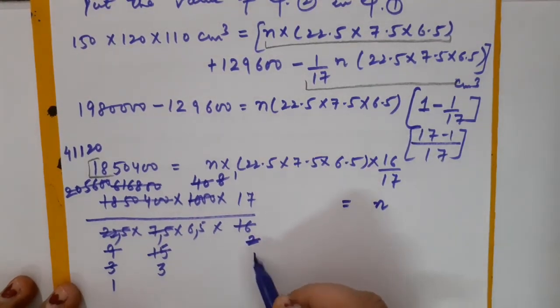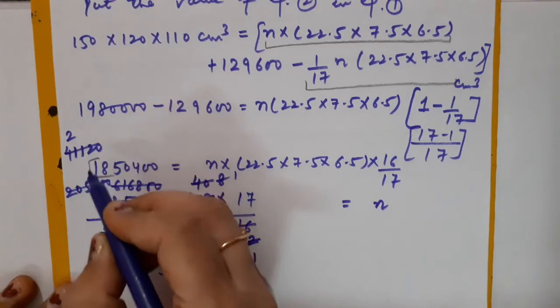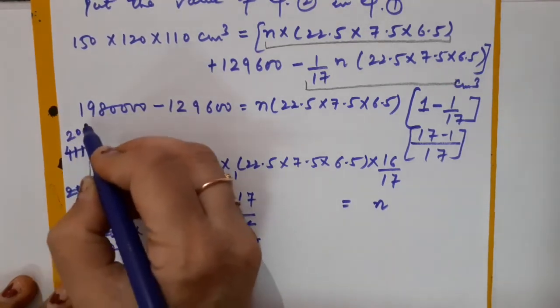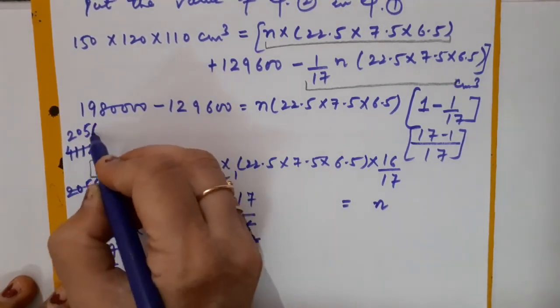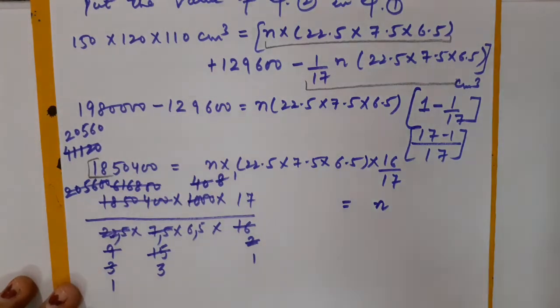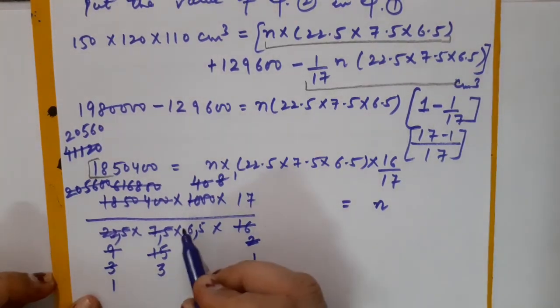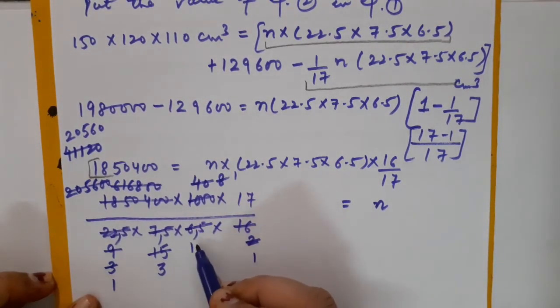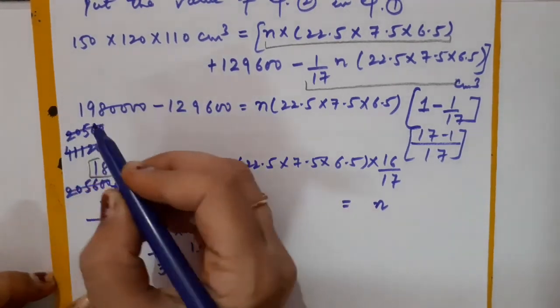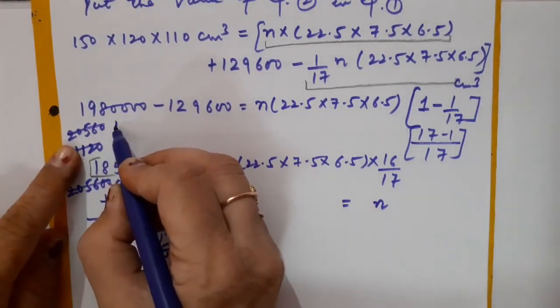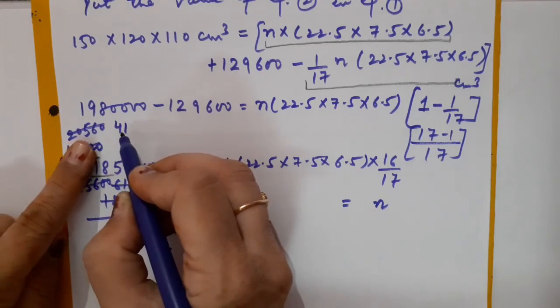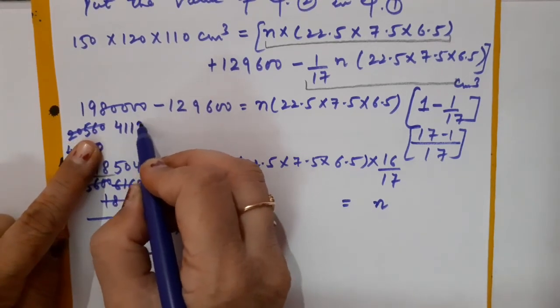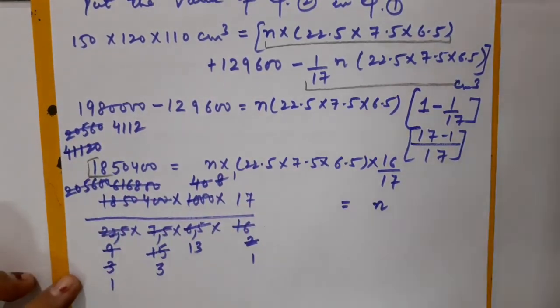Now cancel it by the table of 2. 2 2s are 4. Then 5 2s are 10. Then 0. Now again by the table of 5. 5 1s are 5. 5 4s are 20. 5 1s are 5. Again 5 1s are 5 and then 5 2s are 10.